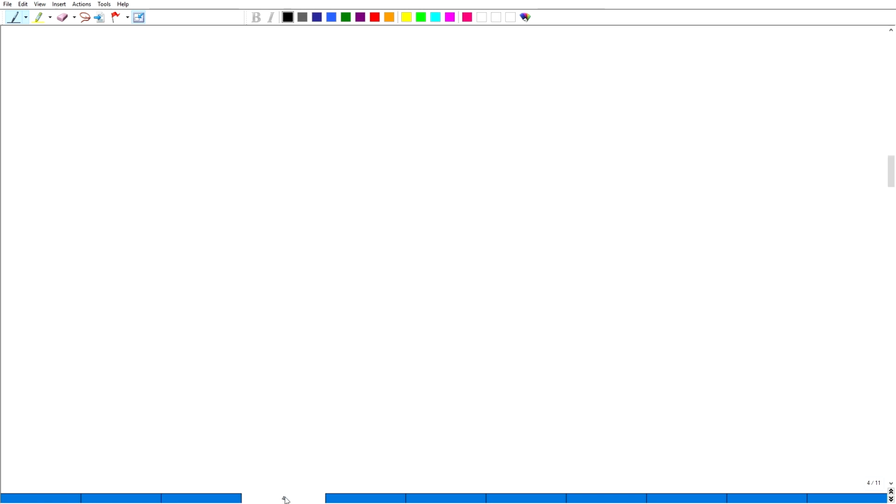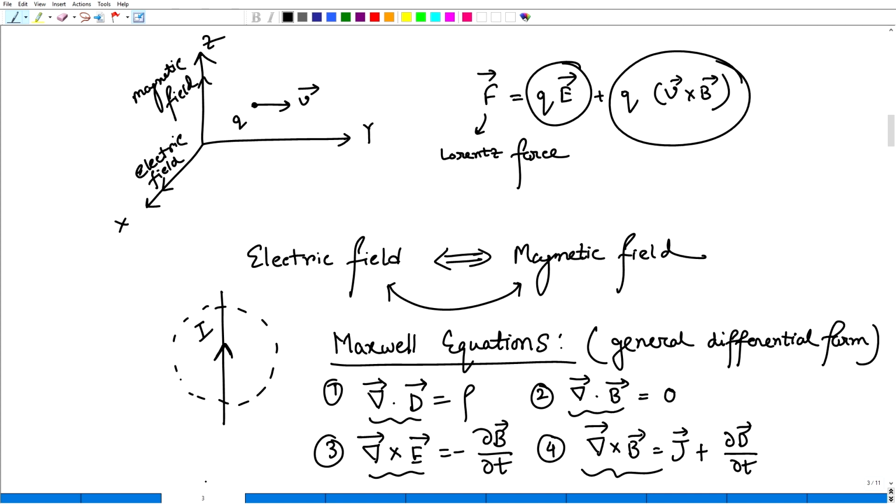Okay, here what are the things? Rho is the electric charge density.